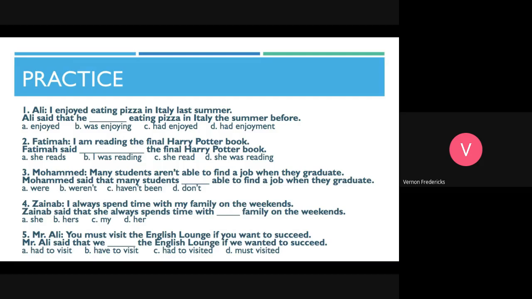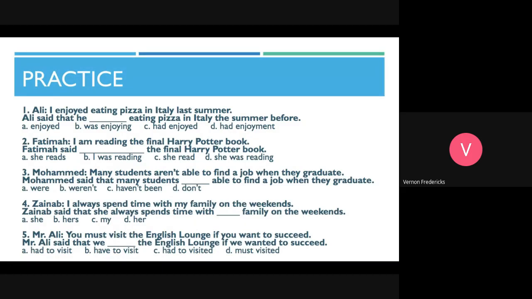Number two, Fatima: I am reading the final Harry Potter book. Number three, Muhammad: Many students aren't able to find a job when they graduate.